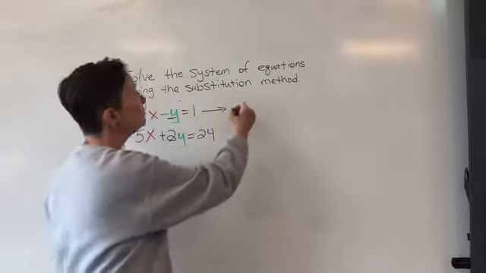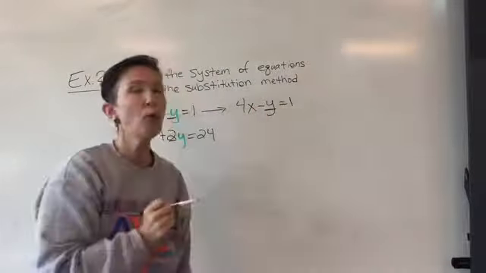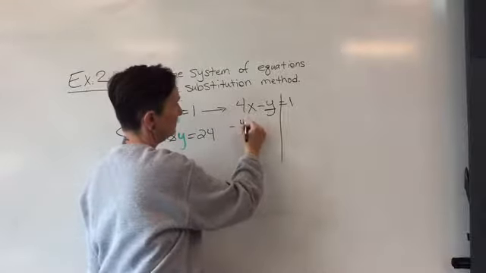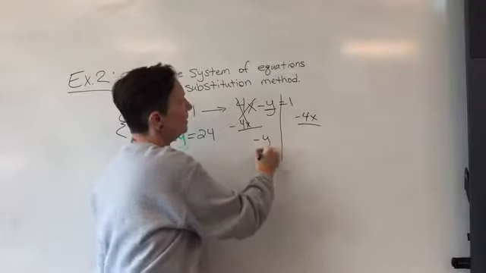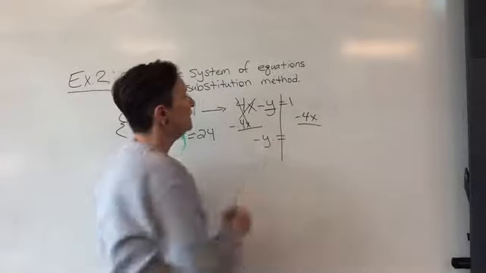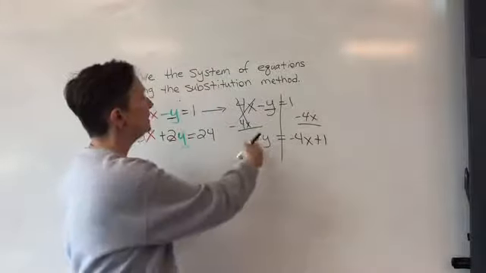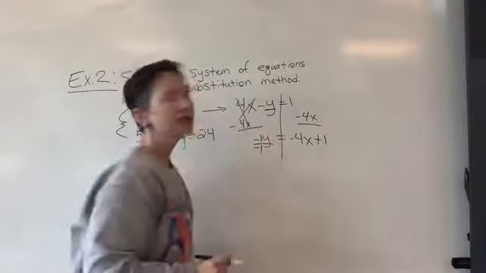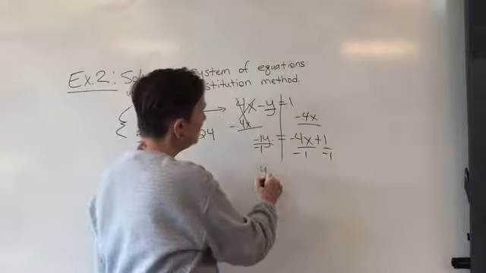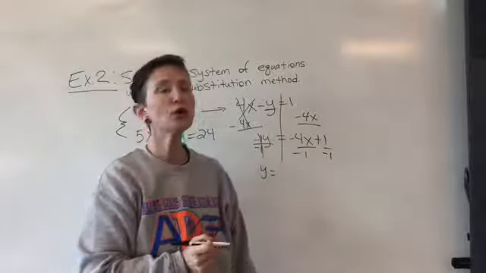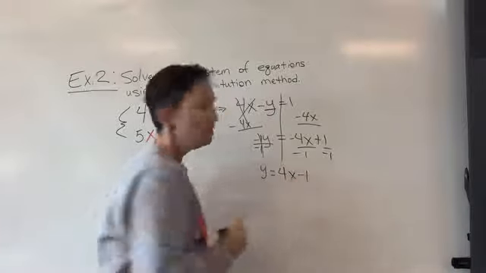So if I want to solve this equation for y, again, subtract 4x from both sides, negative y is left over, equals negative 4x plus 1. To get rid of this negative 1y, we're going to divide everything by negative 1, leaving me with an equation of y equals 4x minus 1.